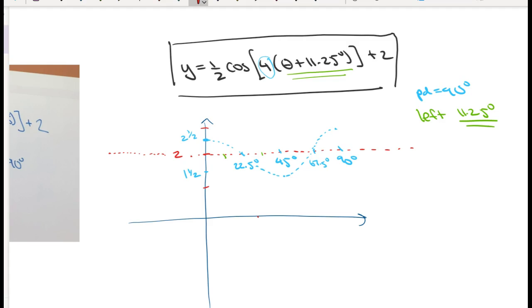I'm going to make a note to myself that this point right there is at negative 11.25 degrees, right? So now I'm going to shift everything left 11.25. And this takes a little bit of just being careful and taking great care. 45 degrees comes left, okay? This comes left right here. This comes left, right? Everyone okay? And here is my final picture.